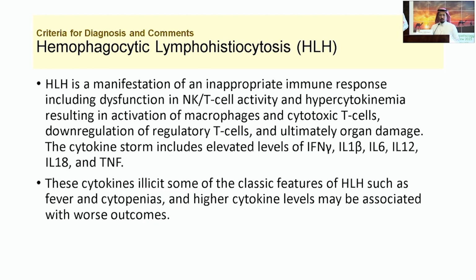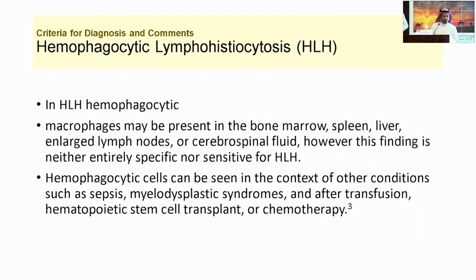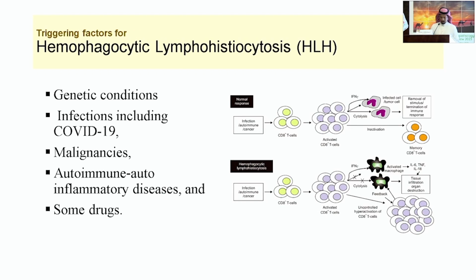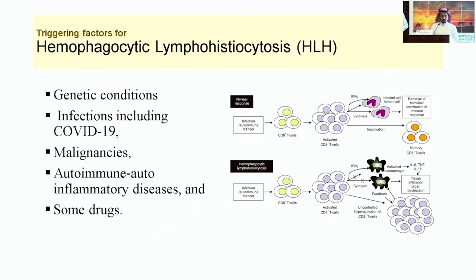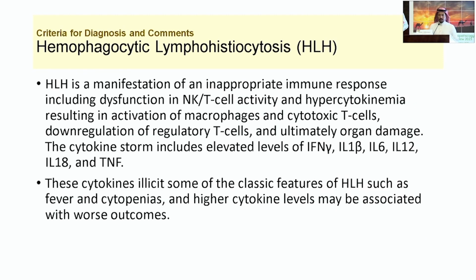It is related to an inappropriate immune response, starting with dysfunction of natural killer and T cell activity, leading to hypercytokinemia and resulting in activation of macrophages. So it is dysfunction of T cells, cytokines, and then the macrophages become hyperactivated. There are multiple types of cytokines, including interferon, a number of interleukins, and tumor necrosis factor.